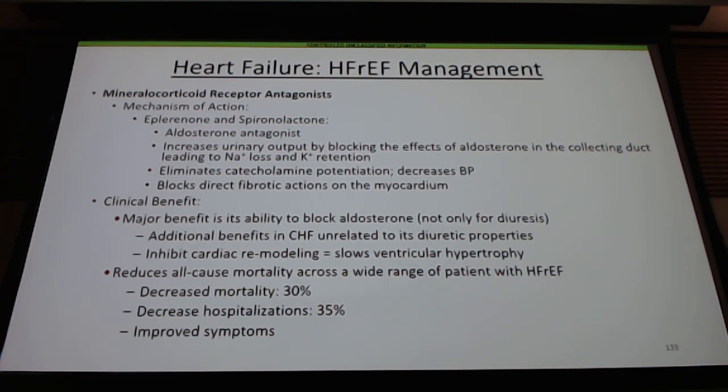Mineralocorticoid receptor antagonists also carry a mortality benefit and reduced hospitalization benefit. The only thing you have to be careful of is the combination of an ACE and an ARB with the MRA and watching what the potassium levels are doing. But they inhibit the cardiac remodeling that occurs in these patients, so that's how you get that mortality benefit.